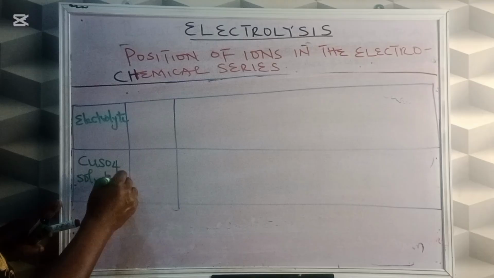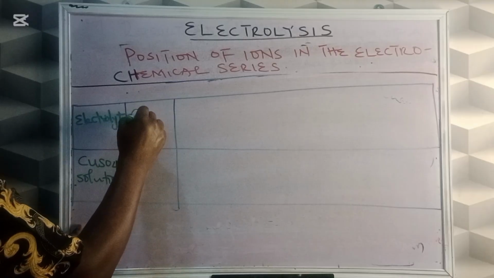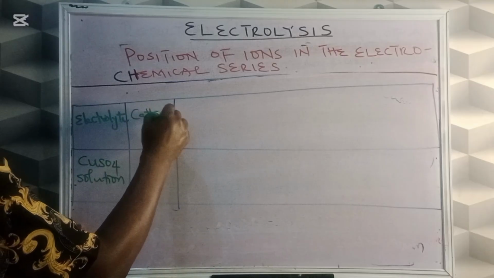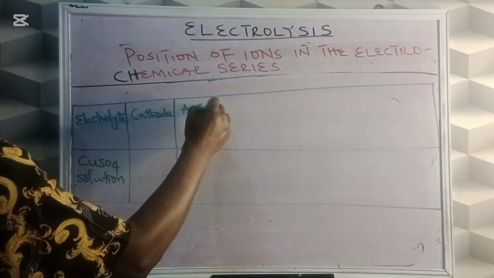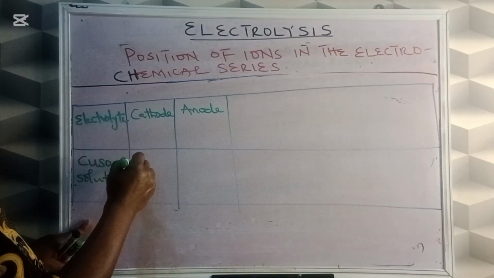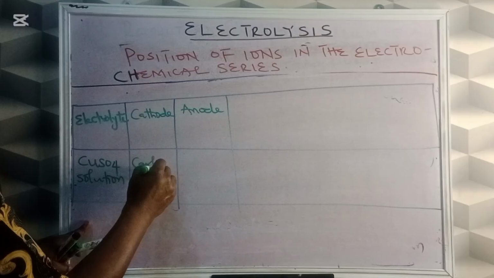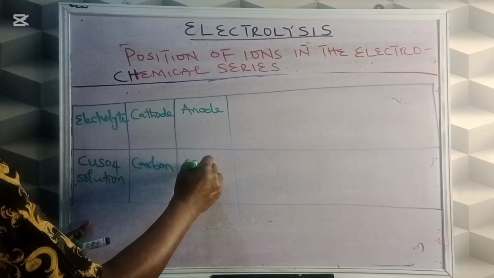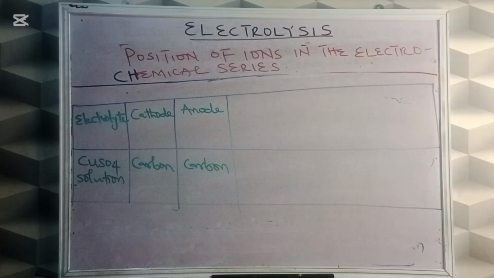That's the electrolyte. So for the cathode and anode here, what do we use? You can use carbon or platinum.